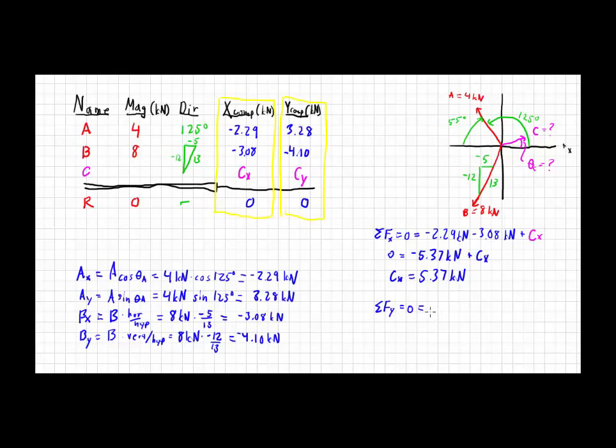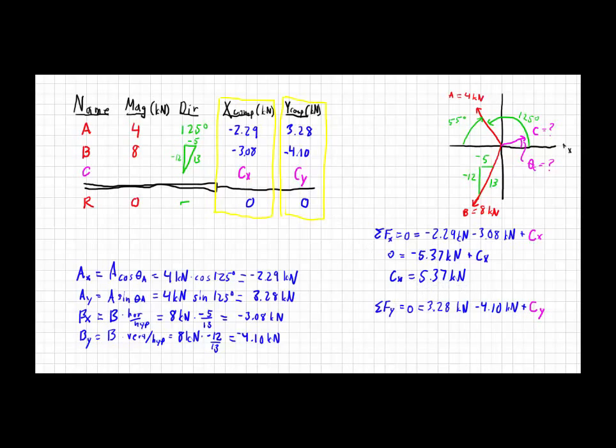So the sum of the forces in the y direction equals 0, equals 3.28 kilonewtons minus 4.10 kilonewtons plus Cy.